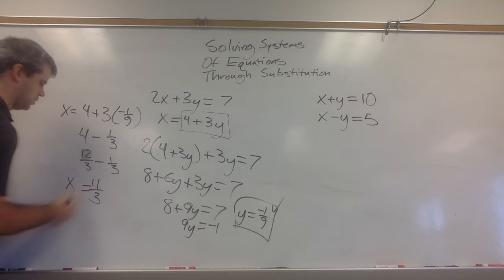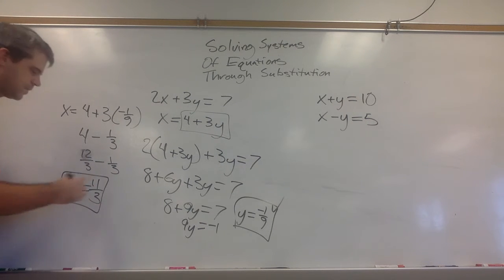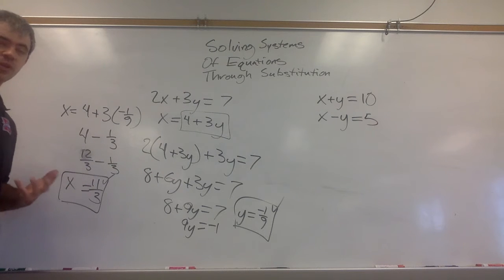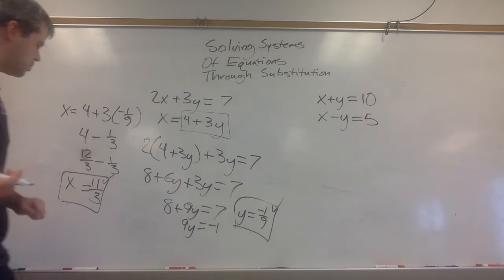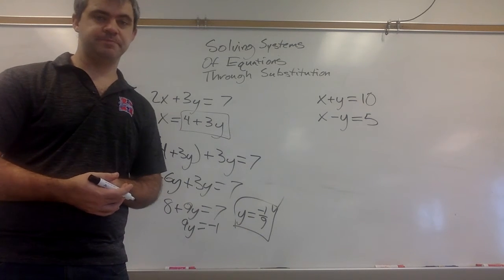So x equals 11/3. So what is my solution? What's going to make both of these true? An x of 11/3 and a y of -1/9.